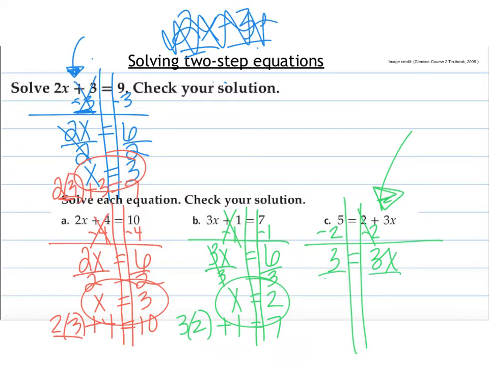Now I'm going to divide both sides by 3 because x is being multiplied by 3. 3 over 3 is 1. 3 over 3 is also 1, so it leaves me with x. 1 equals x. Remember, we flip it around, so the variable is on the left. Now I have 5 equals 2 plus 3 times 1. 3 times 1 is 3, plus 2 is 5. That works, so x equals 1.